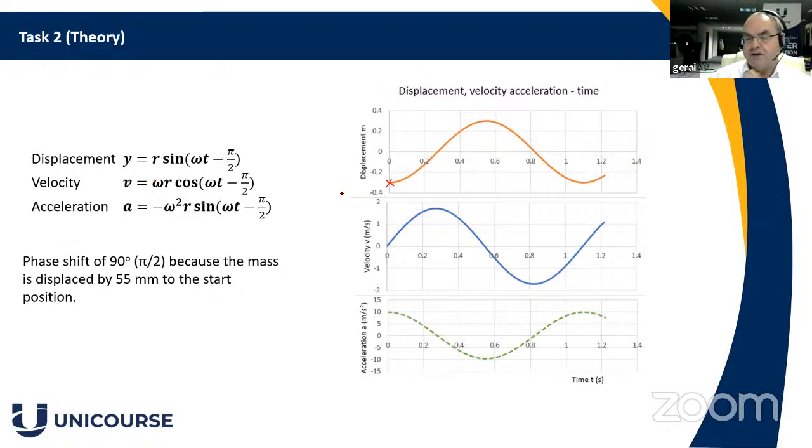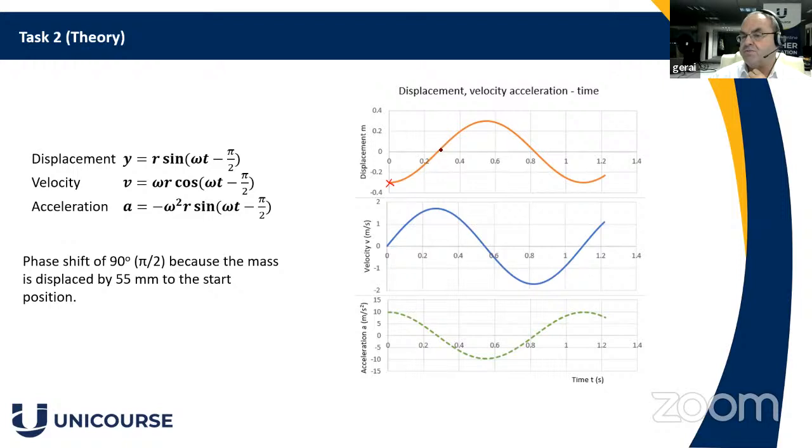On this particular slide, I've plotted the velocity profile and the acceleration profile. Can you remember, for simple harmonic motion to occur, the acceleration is directly proportional to the displacement. So when we have maximum displacement, we also have maximum acceleration.